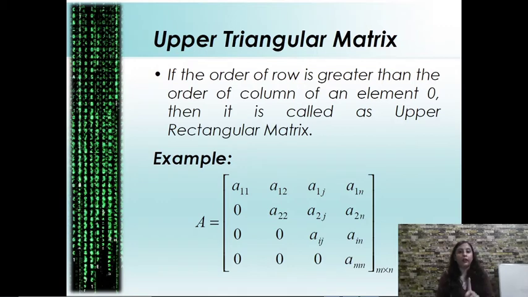So, if the order of row is greater than the order of the column of an element, then it is called the upper triangular matrix. Here see, all the elements present in the lower half are 0, and in the other half, maybe few elements are 0 but not all. So this is an upper triangular matrix.